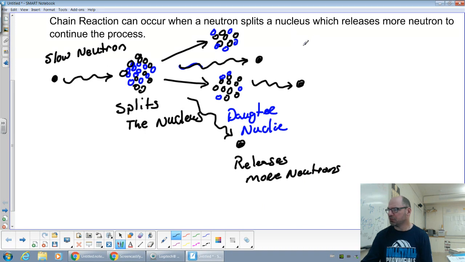And then these neutrons go and they strike large nuclei again. That one's going for that one, that one's going for that one.